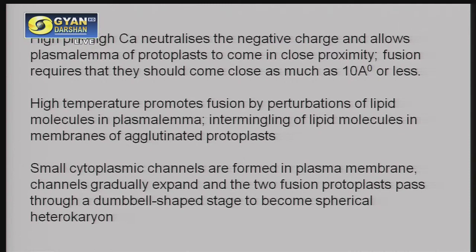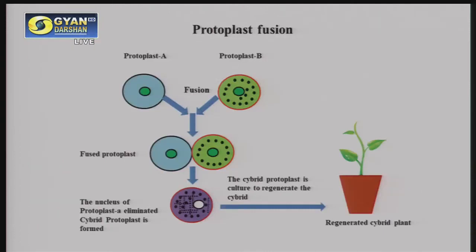High temperature also you need to add, so that there is a perturbation of the lipid molecules in the plasma membrane, and all these together will initiate fusing of the two protoplasts, and ultimately they will fuse and become one.